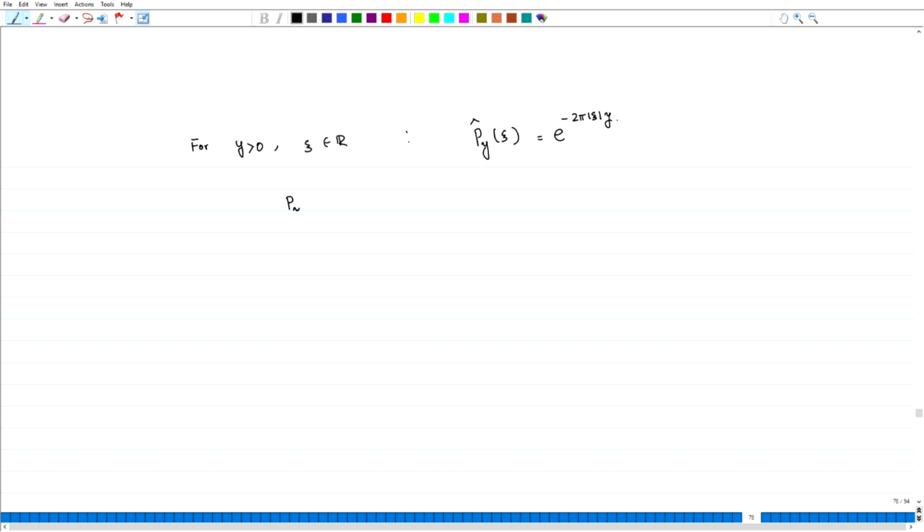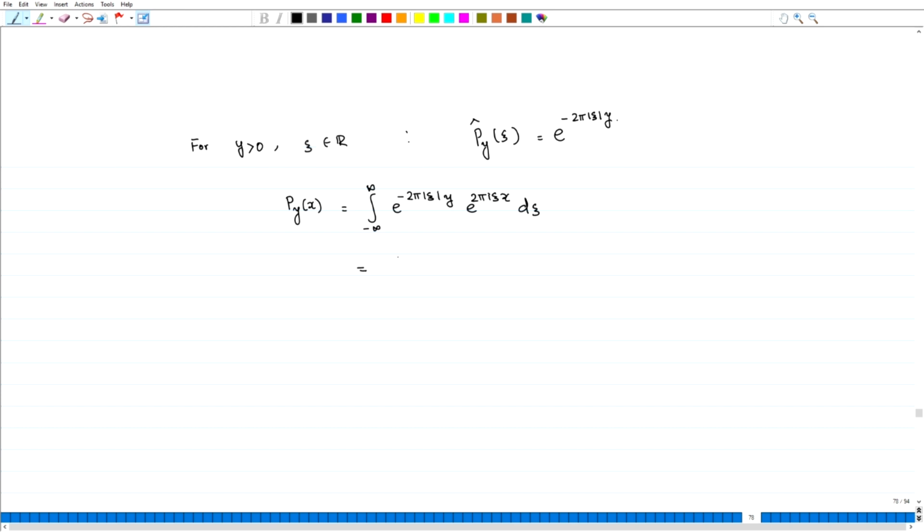So, we will write P_y(x) equal to the integral from minus infinity to infinity of e to the power minus 2 pi |xi| y times e to the power 2 pi i xi x d xi.